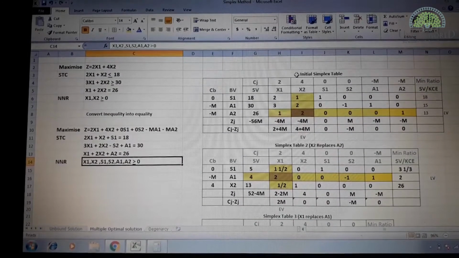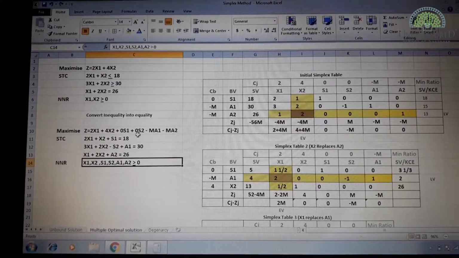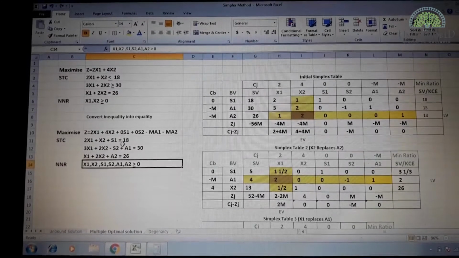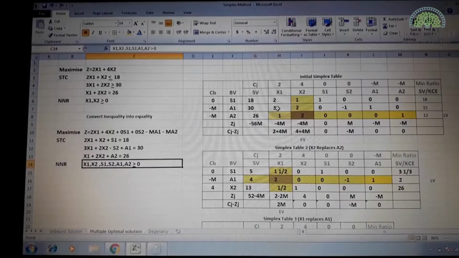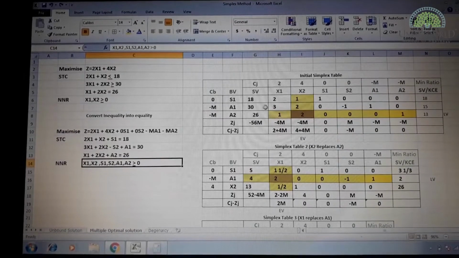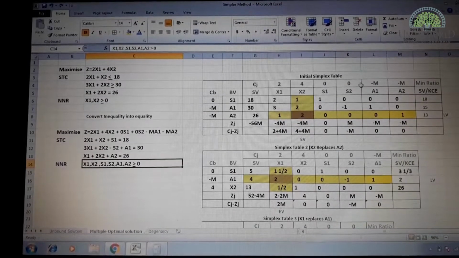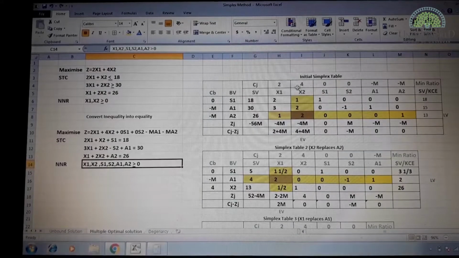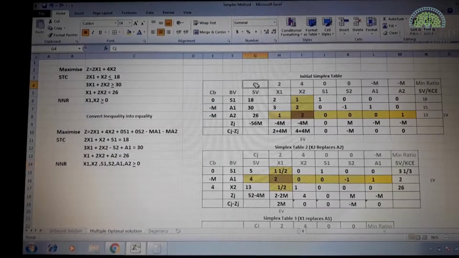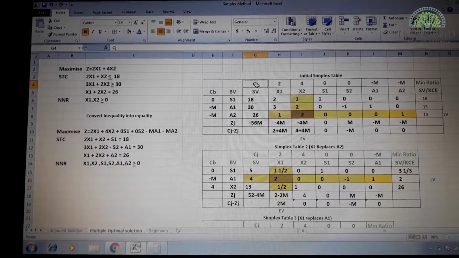That is, in this particular case, we are going to transfer this data, which we have converted into equality, in the form of a table. That would be the first iteration. Now coming to this table, it has a standard heading: the first row that you see stands for CJ. CJ stands for coefficient of objective function.